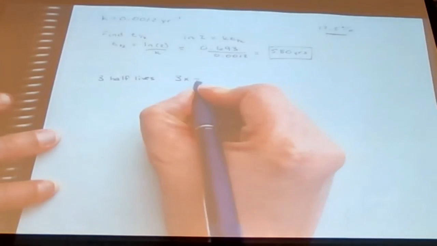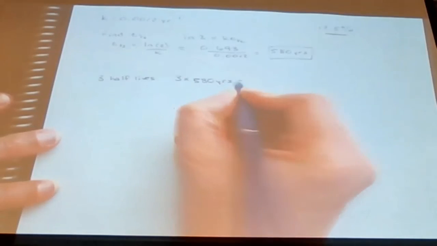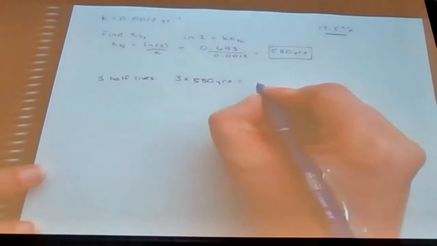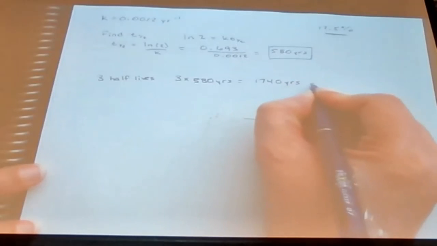Okay, so 3 half-lives just means 3 times 580 years. 1,700 years, and the reason I dropped the 40 is to keep with just 2 sig figs.